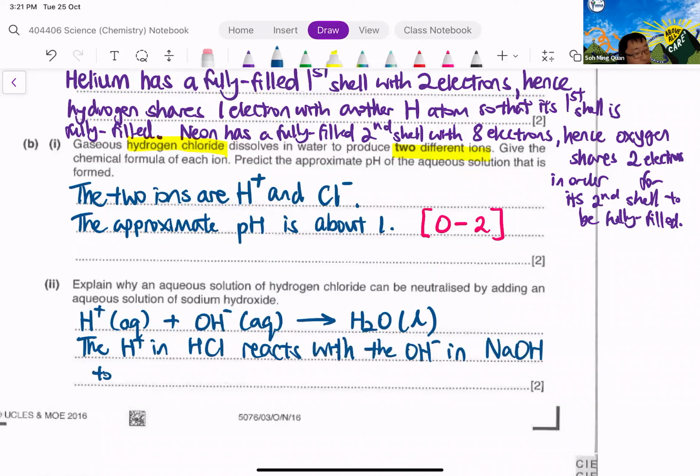To form water, which is neutral. So whenever you're asked how come something can be neutralized, the best way to start is the ionic equation for neutralization. Then you go on to explain in words. The H plus in the acid reacts with the OH minus in NaOH to form water, which is neutral.